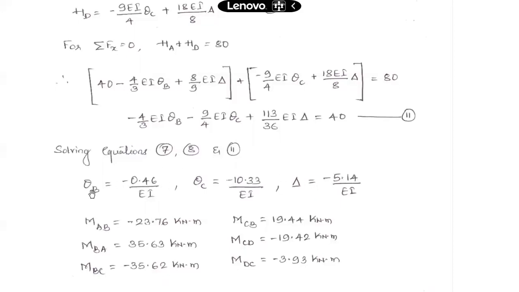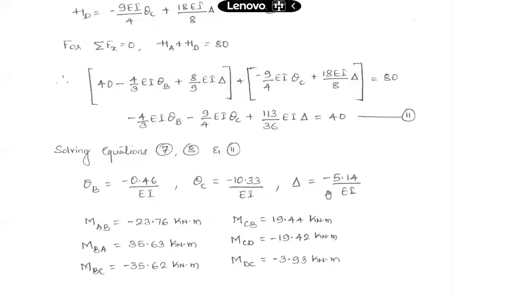When I consider them and solve them, the values of theta B, theta C and delta, the unknown displacements, are here. Theta B is coming out to be minus 0.46 over EI, a rotation in anti-clockwise direction. Negative sign indicates it is in anti-clockwise direction. Theta C, the rotation is 10.33 over EI, and also in anti-clockwise direction. And delta, you can see, is minus 5.14 over EI.